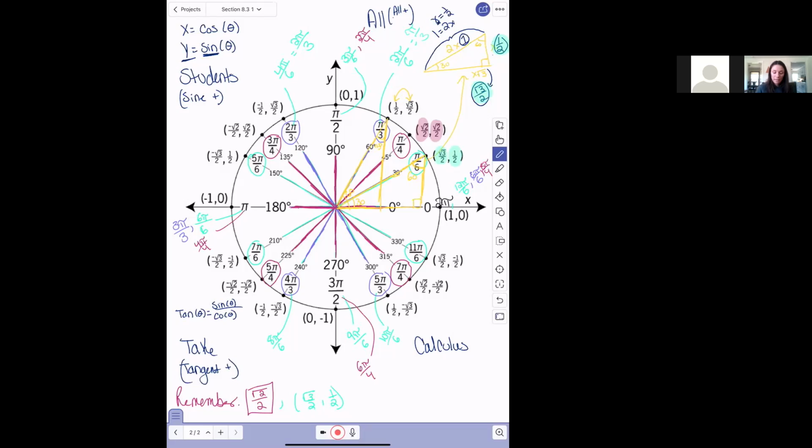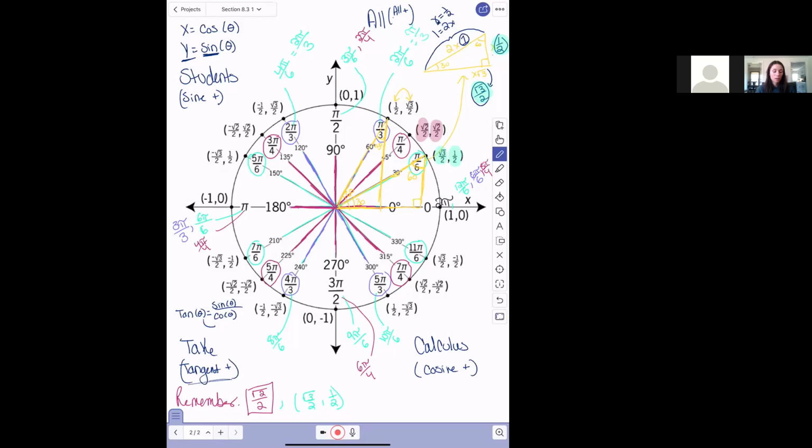And if tangent is positive, that means that sine and cosine have to either both be positive or both negative. But we're only pointing out things that are positive in our little acronym. So that means sine and cosine are both negative. All right, so that's what tangent positive means. And then calculus means cosine is positive. Only our X values are positive.